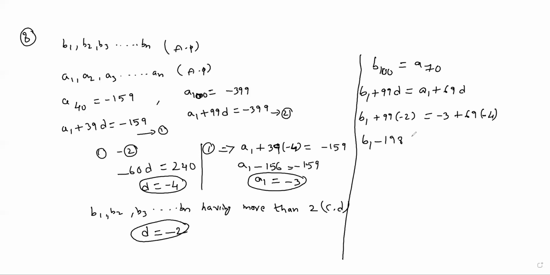Okay, now this is equal to minus 3 plus 69 into minus 4, which is minus 276, so total minus 279. Now B1 is equal to, sending minus 198 to the right side, plus minus 279. If you subtract these two values, you'll get how much? Minus 81. Option C is the correct one.